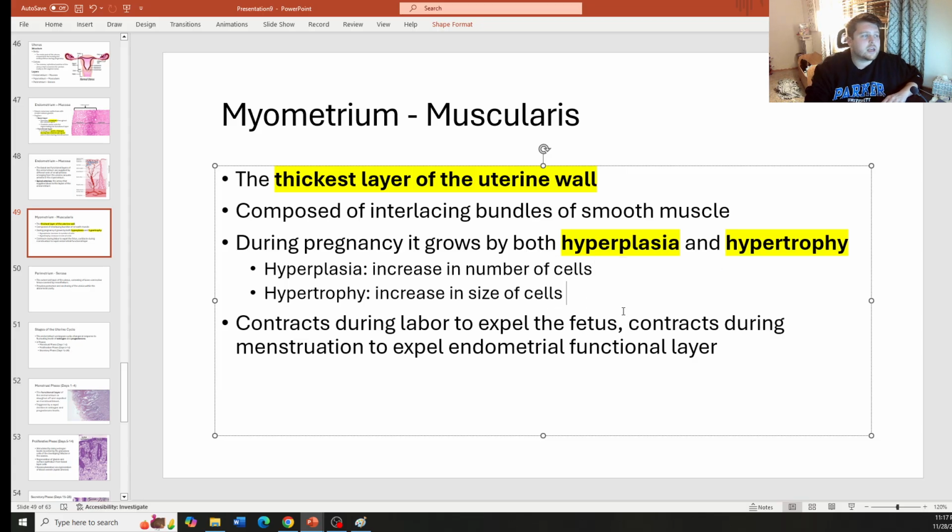This is also why women, once they have been pregnant, oftentimes will feel very different in their bodies. It takes a while for women post-birth to get used to their bodies again, because their uterus has actually changed size because they have additional muscle cells now within the uterus.